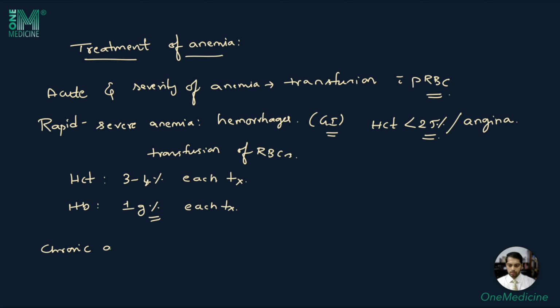Chronic anemias may not usually require transfusion therapy, especially if it is compensated. In iron deficiency anemia, treat the cause of blood loss. Oral or parenteral iron can be used.